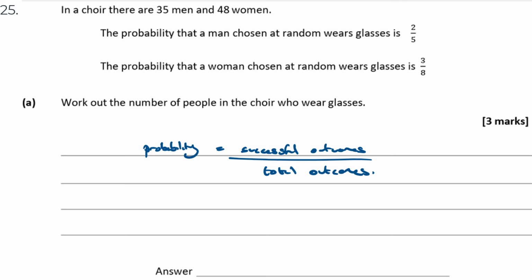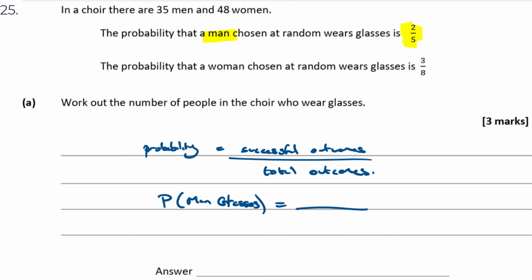Let's take this first one. The probability that a man chosen at random wears glasses is 2/5. So that means the probability of man glasses is successful outcomes over total outcomes.